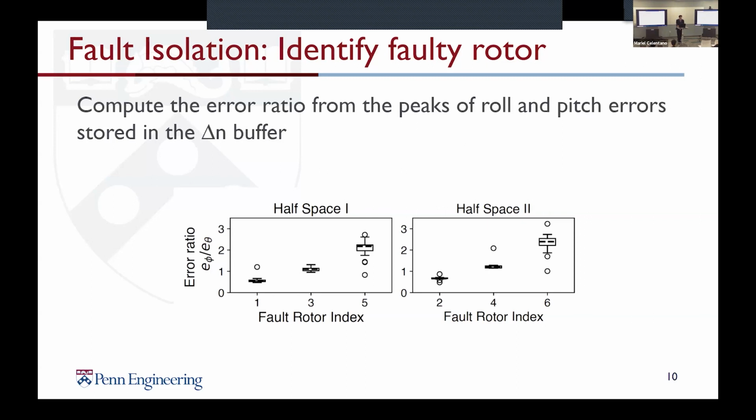And for rotor 5 and rotor 6, it has larger variation, and it concentrates around 2.2. So there is not much overlap between these rotors in each half space. As we got the error ratio of 0.6, and we know it comes from half space 2, we can say the faulty rotor index is 2.